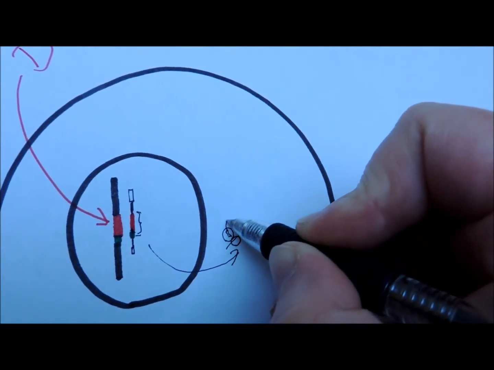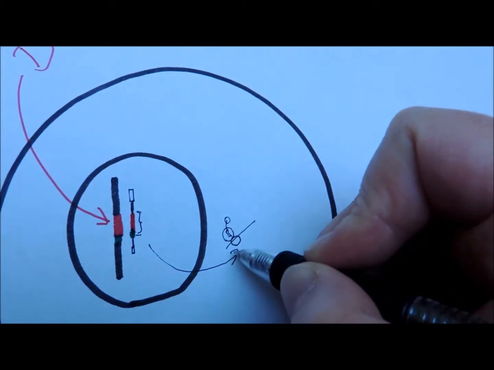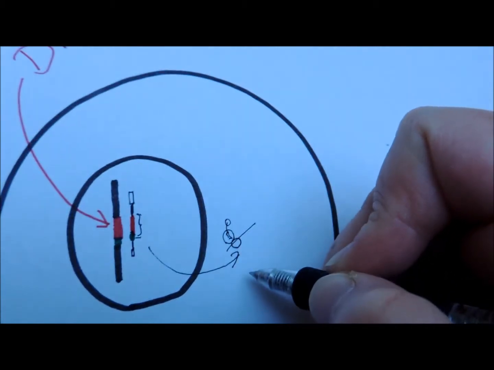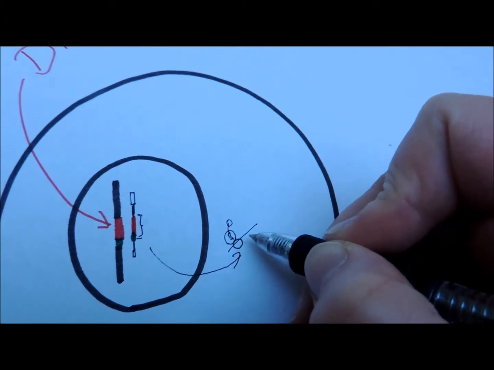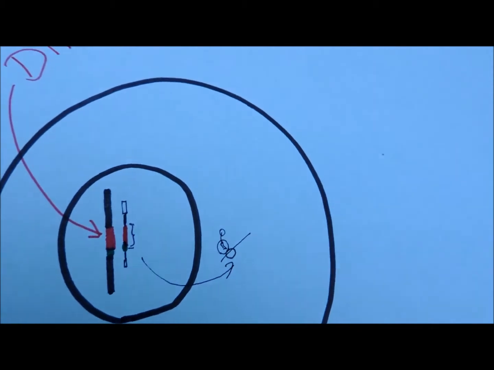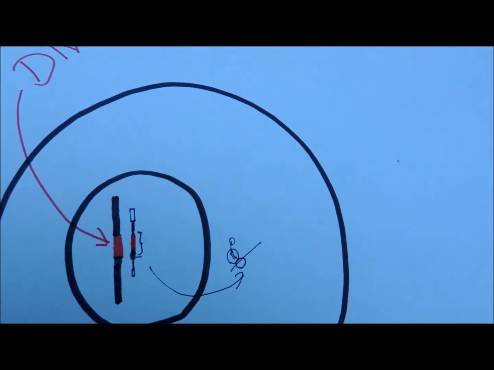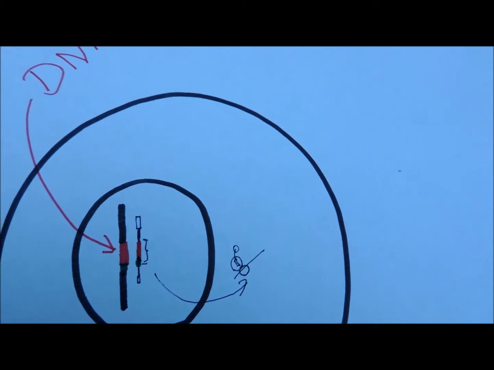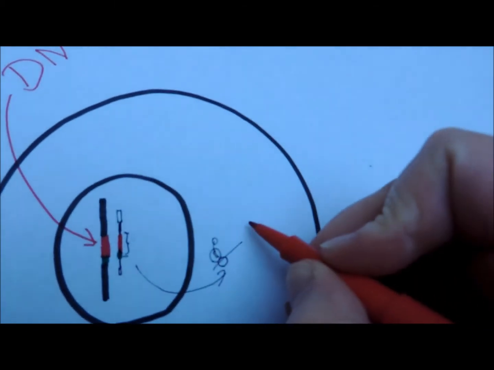Those tRNAs are attached to amino acids. As that happens, you're going to start to assemble a long chain of amino acids based on what this ribosome reads in the mRNA. Ultimately, what the ribosome translates from the mRNA is going to be our protein.